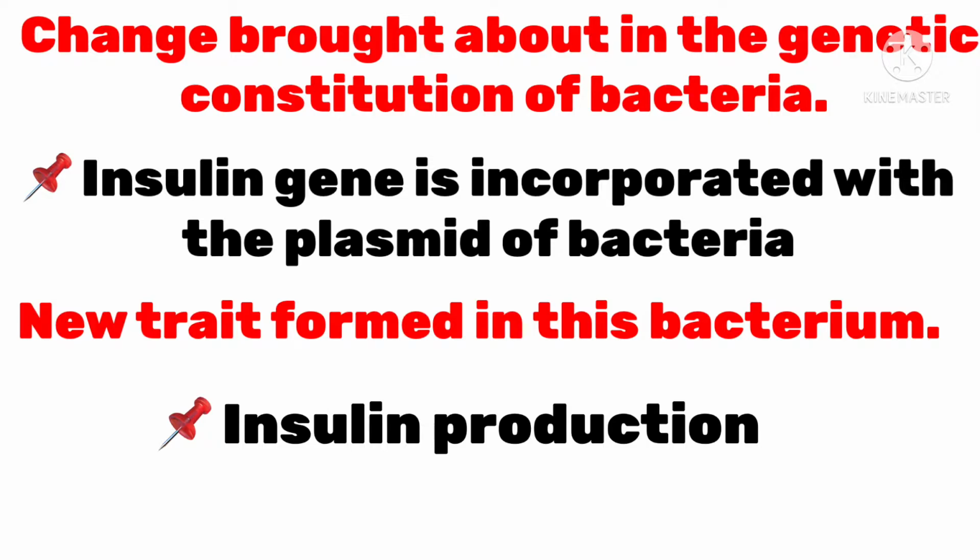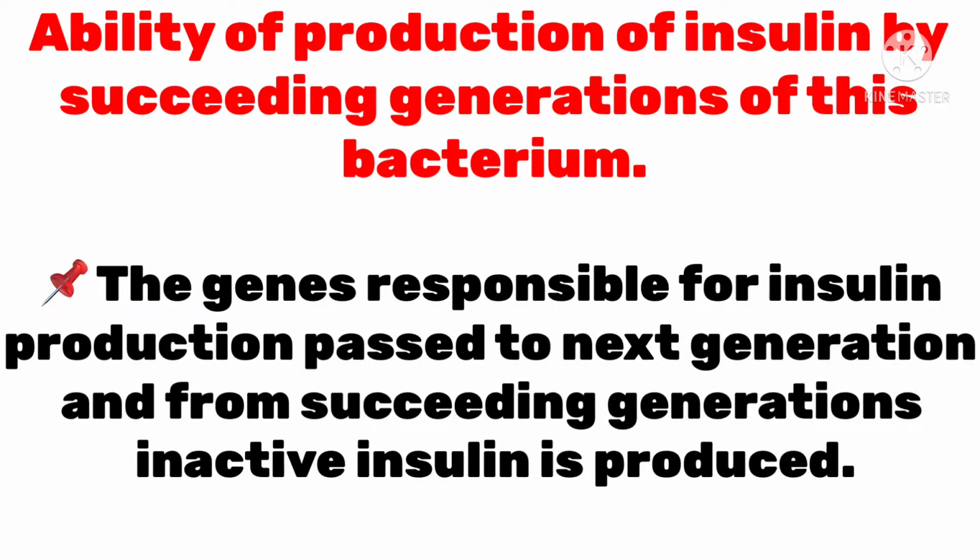Answer: insulin production. Ability of production of insulin by succeeding generations of this bacterium. The genes responsible for insulin production pass to the next generation, and from succeeding generations insulin is produced.